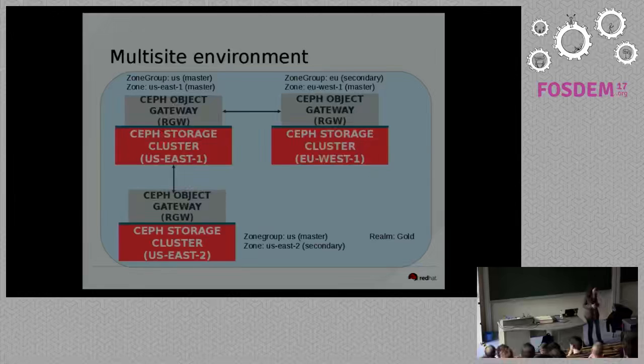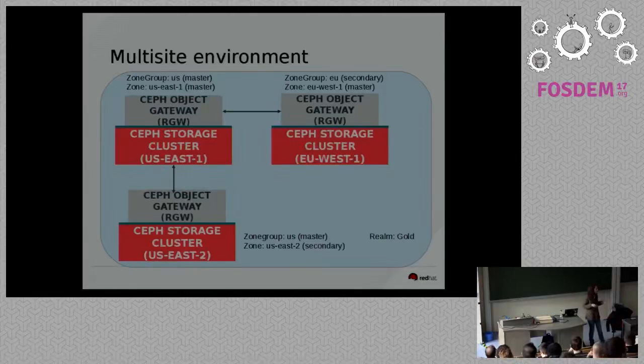But the data is completely asynchronous. That means in all the different Ceph clusters, you can update the object, and it will be replicated automatically to the other clusters. A zone is what we call a Ceph cluster. So if you have two locations, each one will have a Ceph cluster, and that will be two zones.